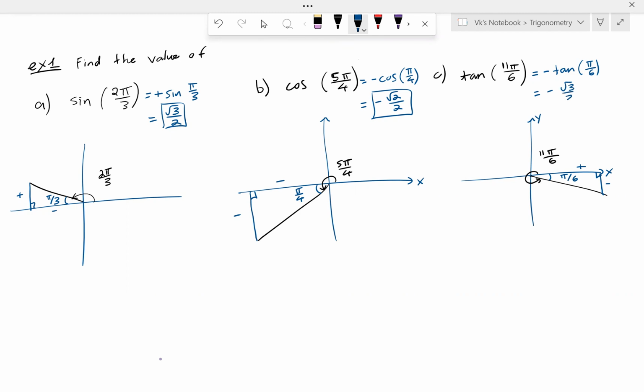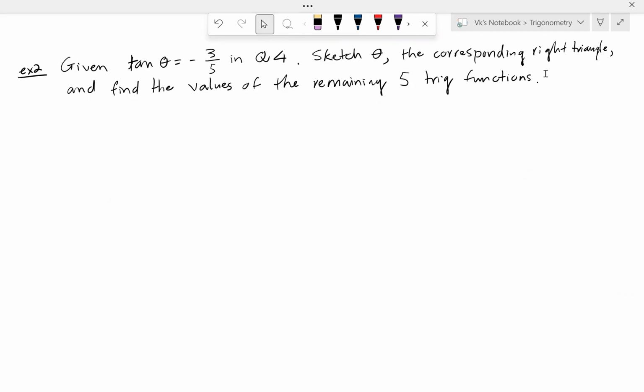Example 2, given tangent of the angle theta equals negative 3 over 5 in quadrant 4, sketch the angle theta, the corresponding right triangle, and find the values of the remaining 5 trigonometric functions. Let's sketch the angle theta here. First, it's in the fourth quadrant.